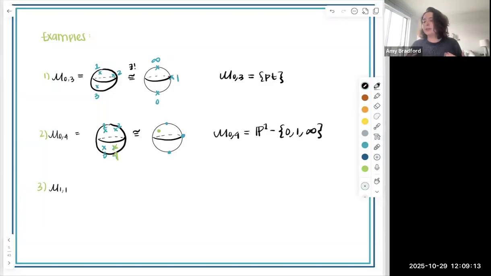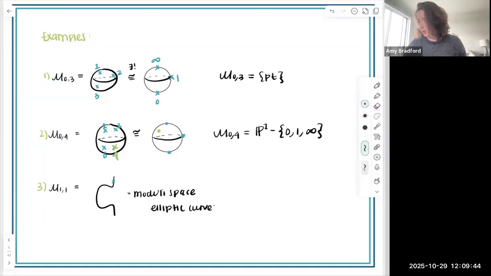And we can keep playing this game for the number of marked points with M_{0,n}. And you can write down nice descriptions, but maybe I'll write down one last example, which is this M_{1,1}, which, for anybody who's familiar with elliptic curves, is describing the moduli space of elliptic curves. And this is a very well studied subject, and it has a lot of combinatorial aspects about it already.